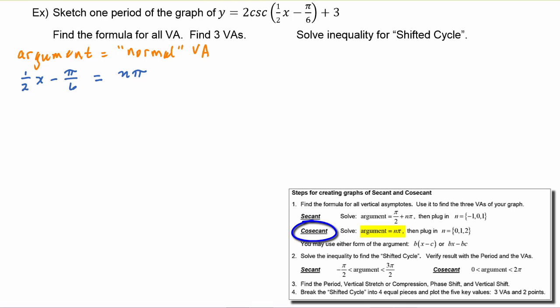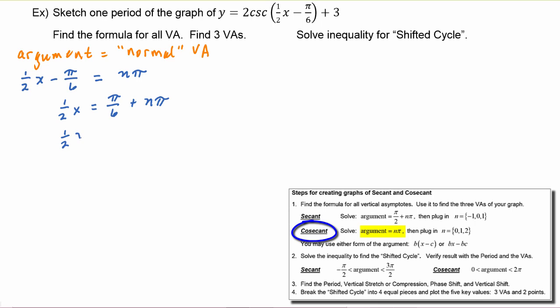So the first thing we'll do is add pi over 6 to both sides. So now we'll have 1/2 x is equal to pi over 6 plus n pi. We'll get a common denominator on that right-hand side.